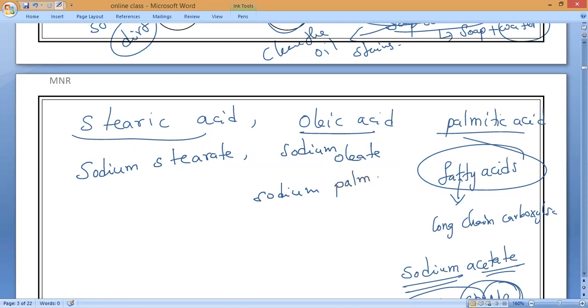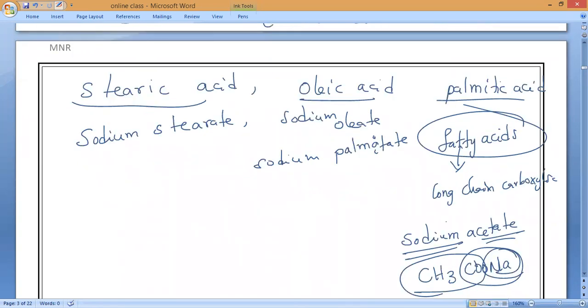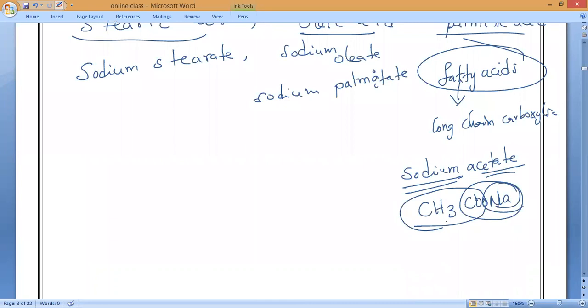Everywhere sodium is the same. So what is the formula that will come? Anybody? The general representation of soap. Only one thing is always common. What is common? COONa is common. Only the number of carbons will vary.